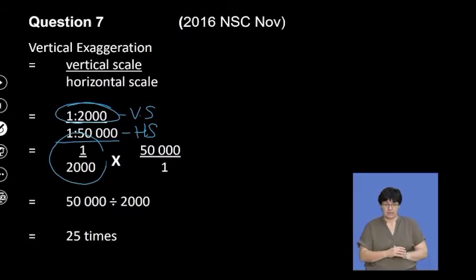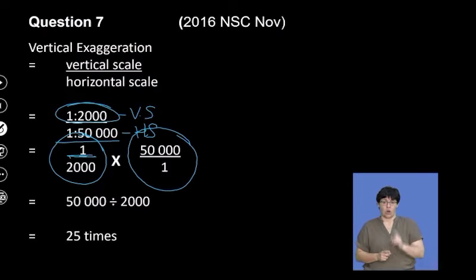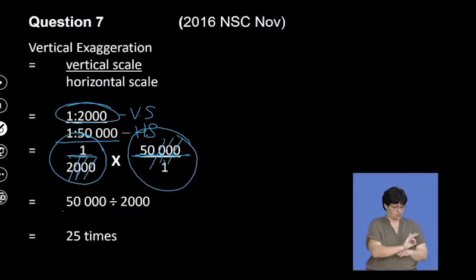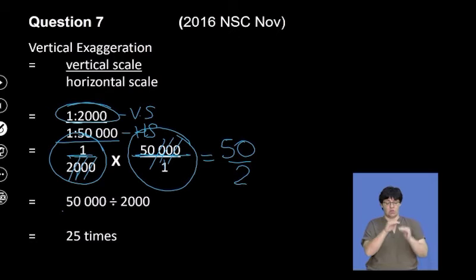I express my vertical scale as a fraction and I express my horizontal scale as a fraction. 1/2000 times 50,000 over 1. Why? Because in this particular example, when I cancel my zeros, that's 3 zeros there, 3 zeros there, that's equal to 50 over 2. Now, 50,000 divided by 2,000, or 50 divided by 2, is 25.